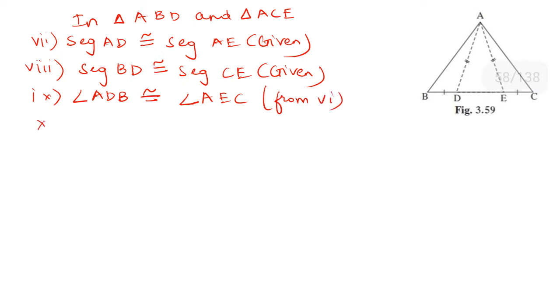So therefore you can say triangle ABD, which is there in your question, is congruent to triangle ACE by side angle side test. Okay, let's move on to the next question.